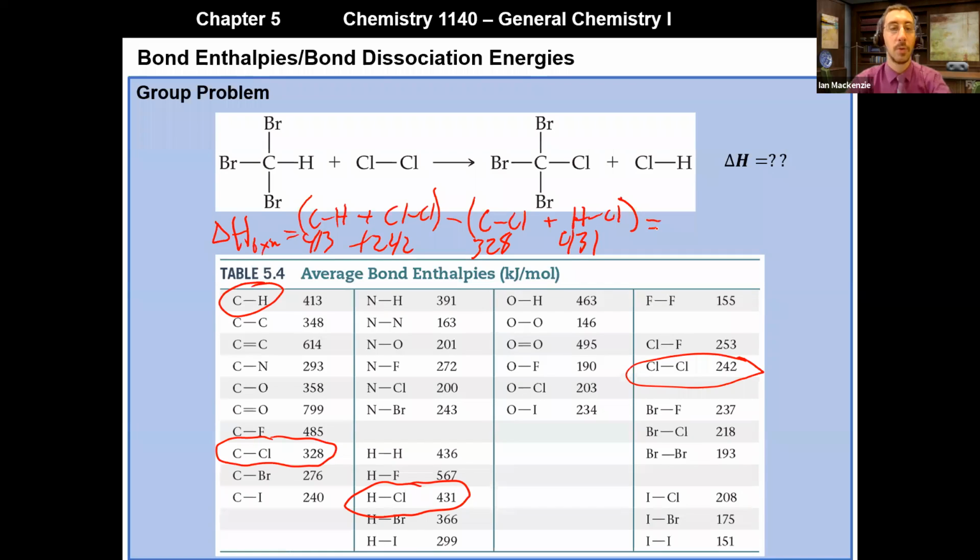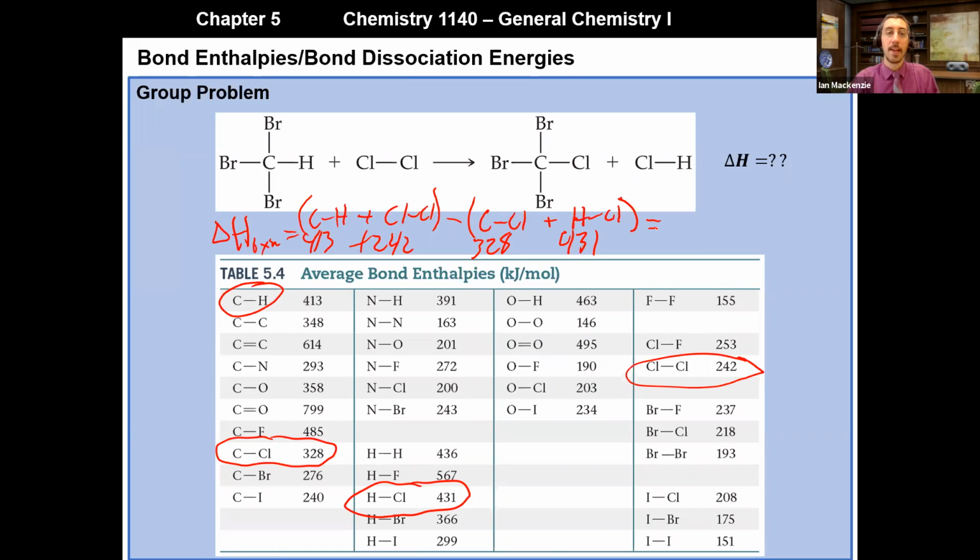And if I go through all of this, what it'll come out with is actually the same answer as I had on the previous page, because we're making the same bonds, a carbon chlorine and a hydrogen chlorine, and we're breaking the same bonds, a carbon hydrogen and a chlorine chlorine bond.